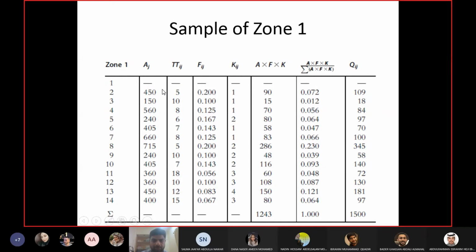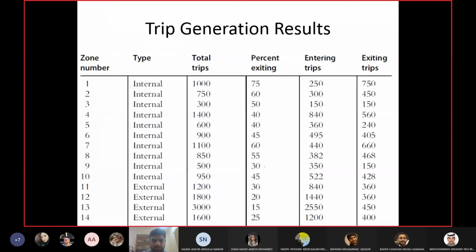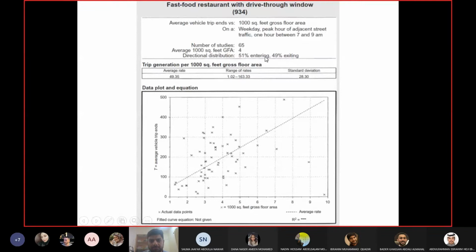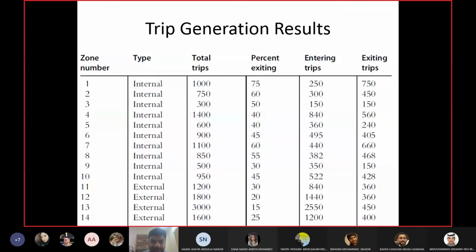If I go back to the trip generation table again, when you use the equations, you can calculate the total trips, and from the total trips you have the percentage of trips entering and exiting as well. See here, it is given. So once you use the equation, you have the total number of trips and you know how many trips are entering and exiting.